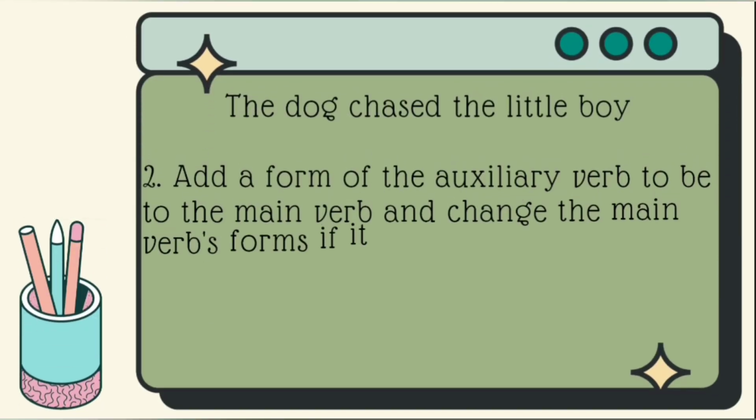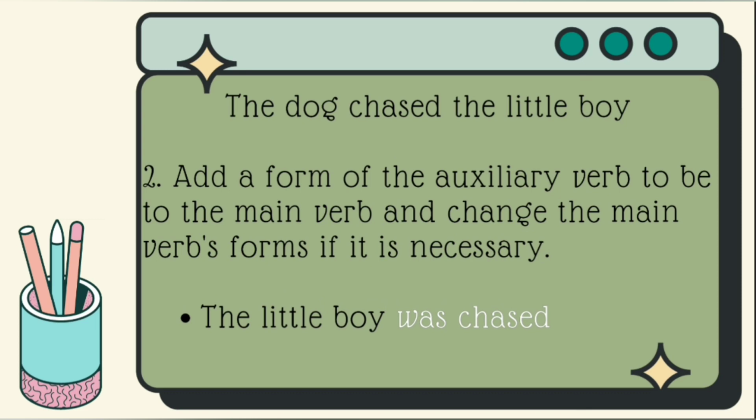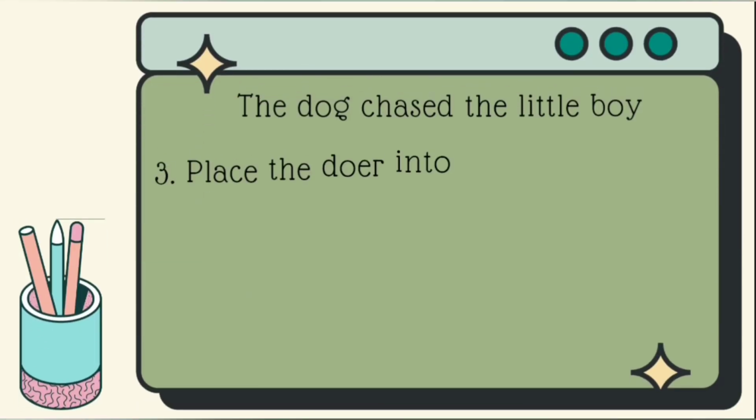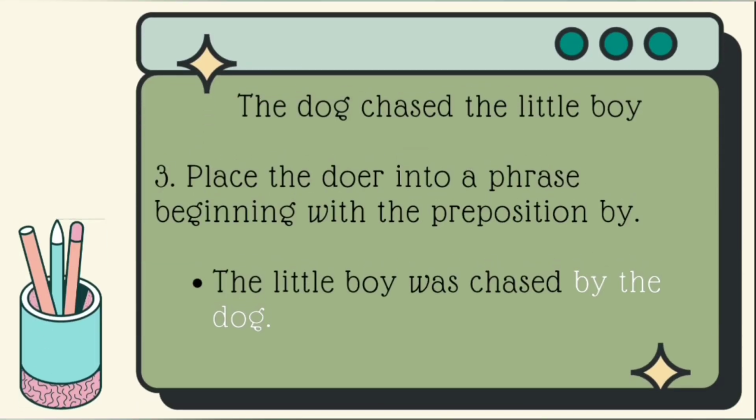Number 2, add a form of the auxiliary verb to be to the main verb and change the main verb's form if it is necessary. Since our main verb is in the past form, we're going to use auxiliary verb was and then the past participle of the main verb. And for our last step, place the doer into a phrase beginning with the preposition by.